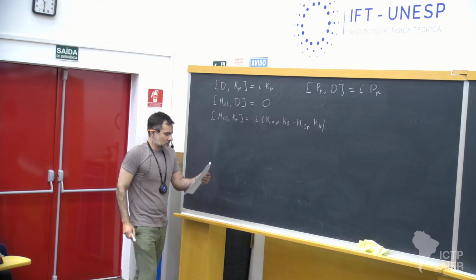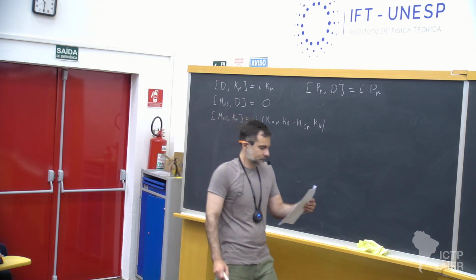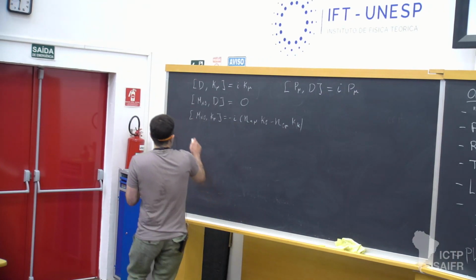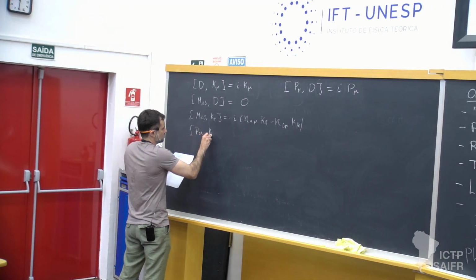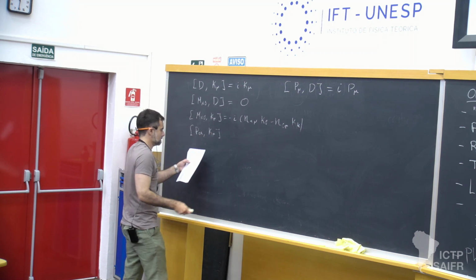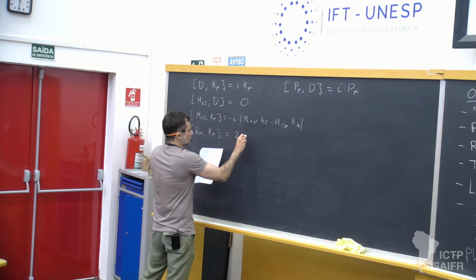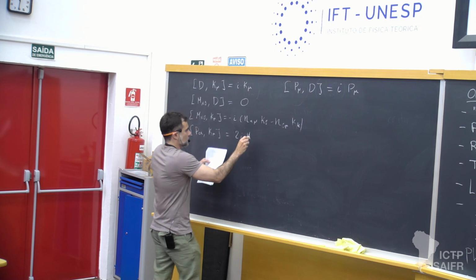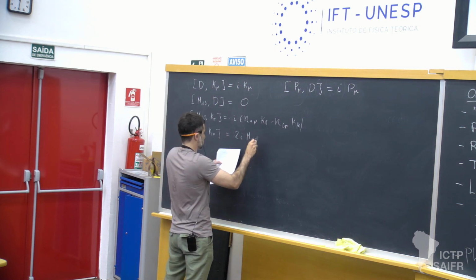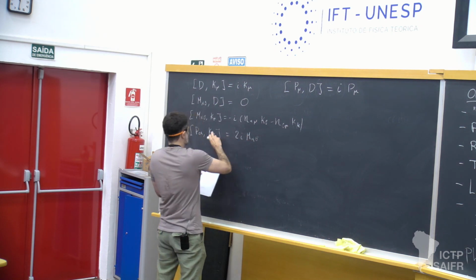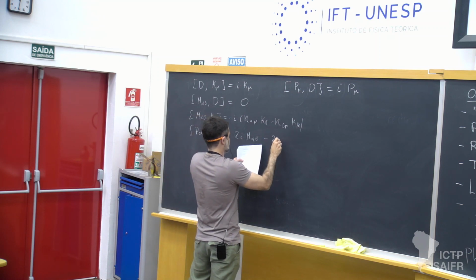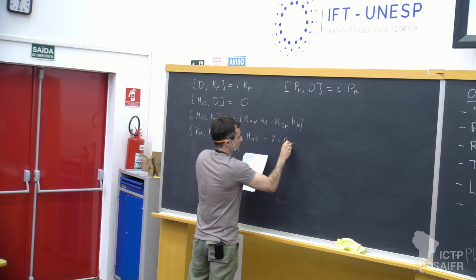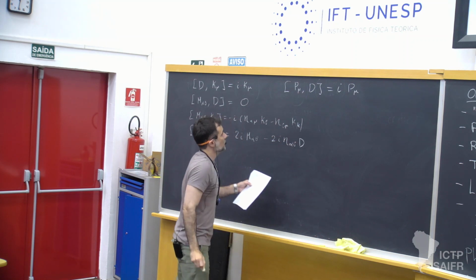What else do I need to write? Oh, the commutator between P and K. We'll have 2i M alpha beta minus 2i eta alpha beta D.